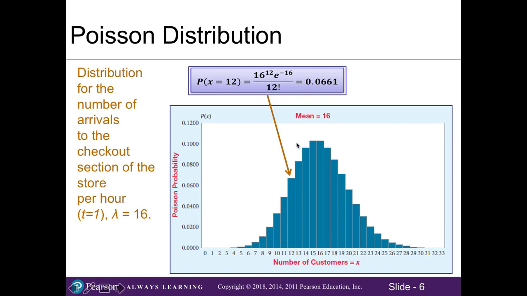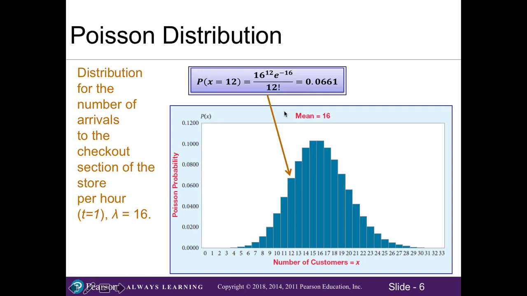Based on our distribution, 16, which is my average in an hour, will be towards the middle. For the other possible numbers of customers, the probability is illustrated by how high our bar goes. For instance, if we wanted to know the probability of 26 customers arriving in an hour, we can see that it's a very low probability compared to, let's say, 16, because 16 is our average.